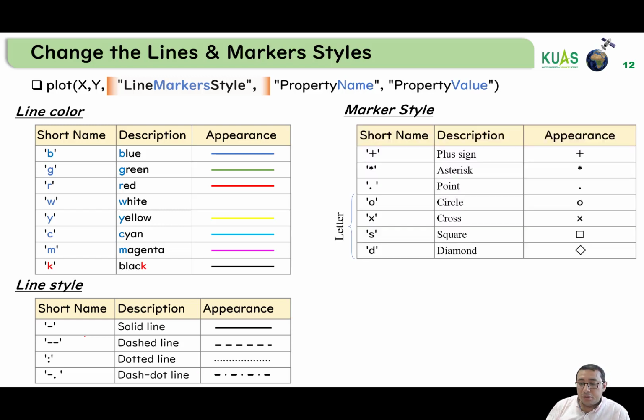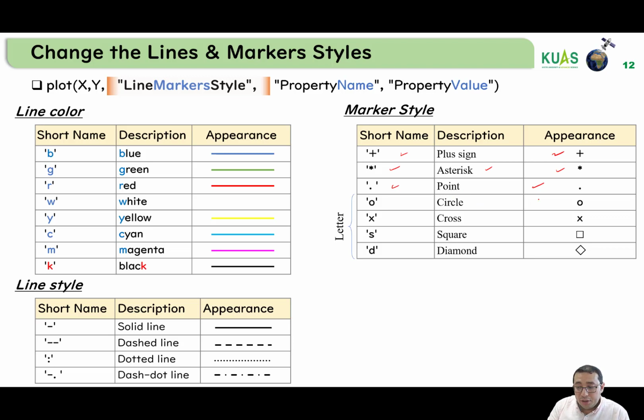And in the third part, which is the marker style, we can use the plus sign, which is this one, and for the short name we use plus. We can use asterisk, which is this asterisk, and the short name is similar, asterisk. And for the point, the short name is also point. This is very easy. For the circle, this is a change.